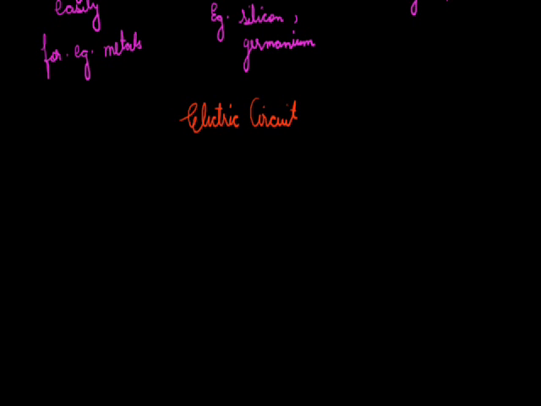So this flow follows a definite path which is known as an electric circuit. So an electric circuit is a path through which the electricity flows, and it starts from one terminal of the cell and ends at the other terminal of the cell.